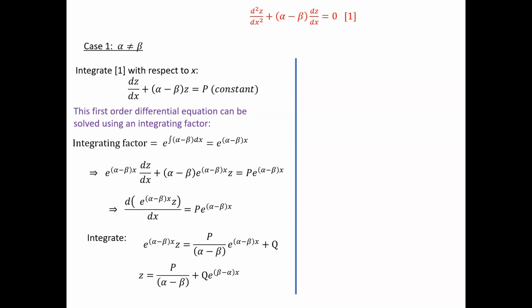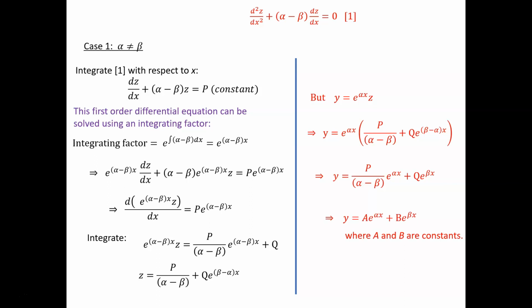Now remember that y was equal to e^(alpha x) times z. So we can now get back to what y must be. So y is e^(alpha x) times our previous answer for z. So when we multiply the brackets out, we've got y is p over (alpha minus beta) times e^(alpha x) plus q e^(beta x). p over (alpha minus beta) is simply a constant.